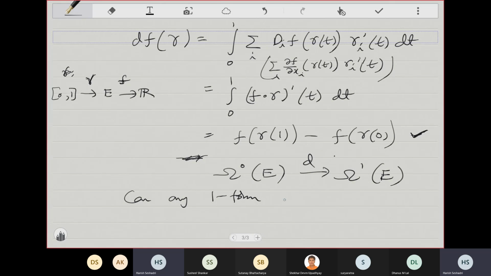Can any one form omega be written as omega equal to df for some f in omega 0?